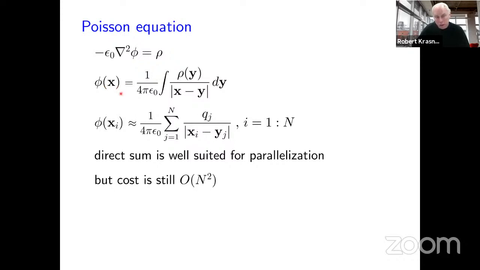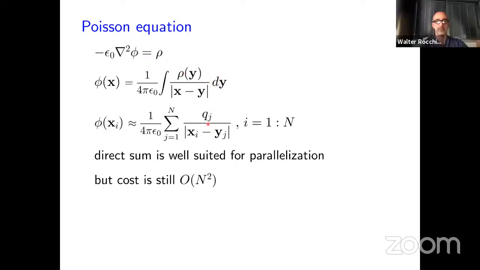And so we can evaluate the potential as a Coulomb integral over the charge density. And if we discretize the integral using a quadrature rule and evaluate at some point xi, and suppose that the yj are the quadrature points, and we combine the charge density with some volume elements and get discrete charges, then we have to evaluate sums of this type.